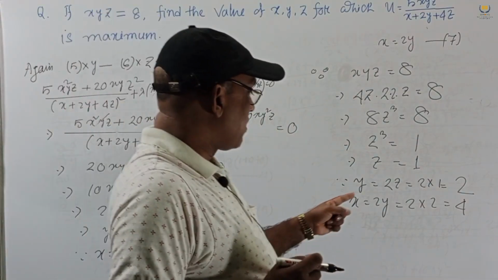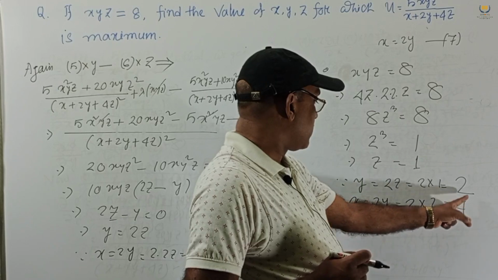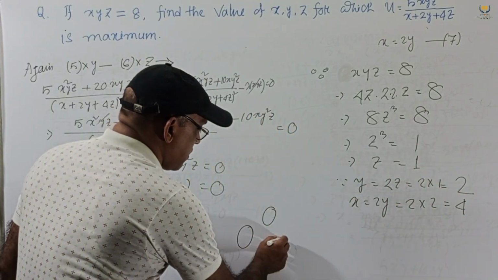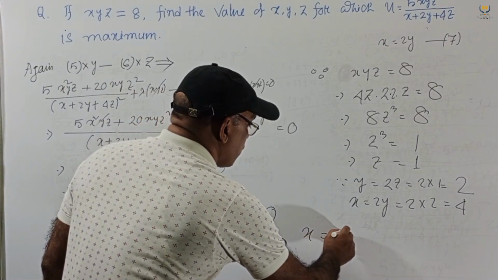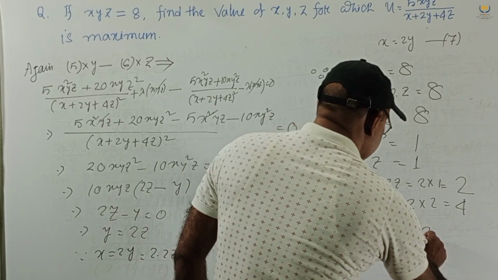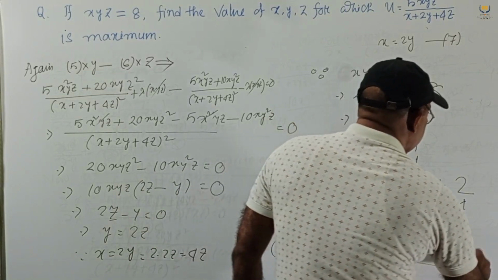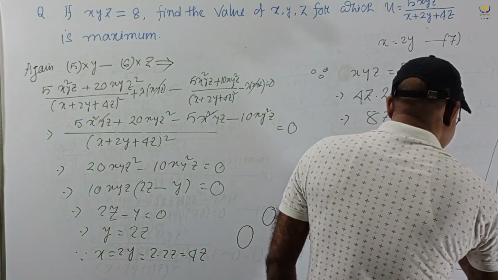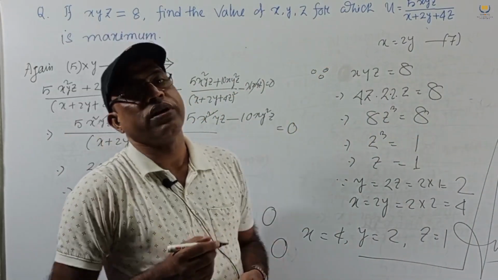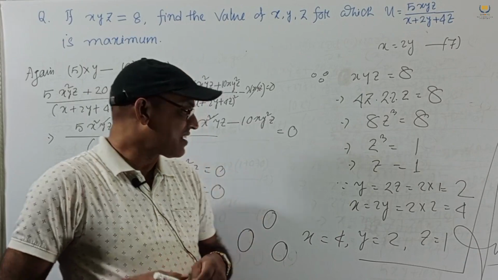Therefore x is 4, y is 2, z is 1. These are the values of x, y, z, and for these values u is maximum. Very easy solution, very simple.